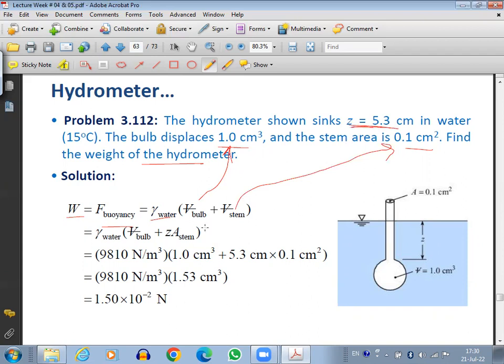The area is circular for the stem, and the length dipped in the water is 5.3. So area multiplied by Z. Okay, so you're going to get the weight of the hydrometer. Is this thing clear?